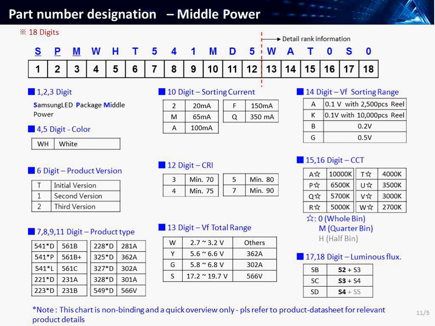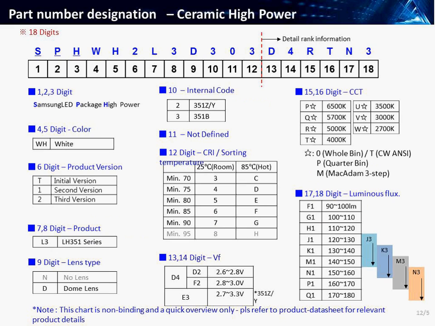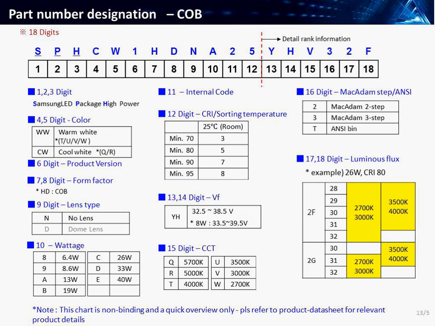Change to the next slide. The high powers. The codes and what each digit represents change slightly for high power, as with the C, D, and DOB slides.